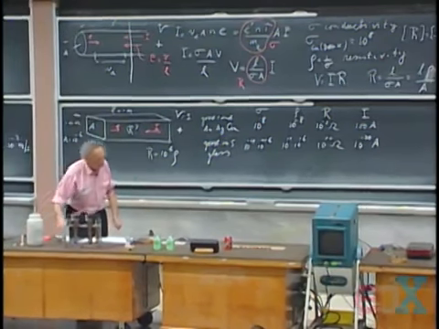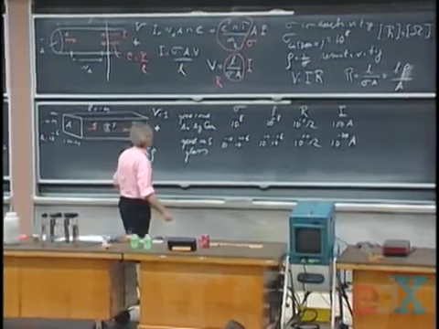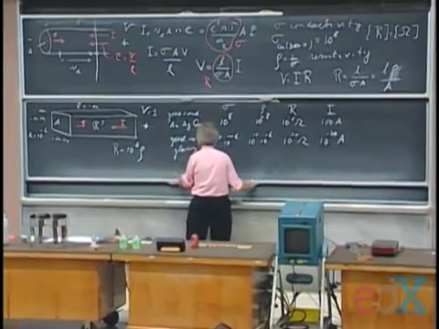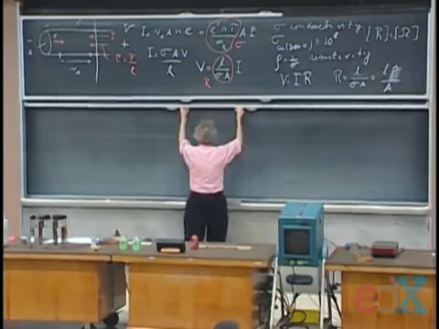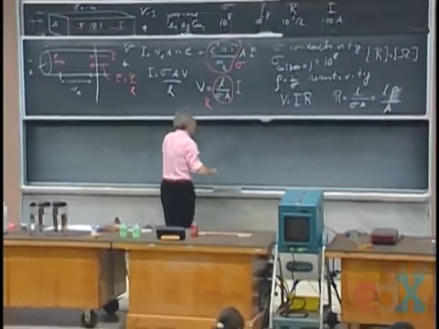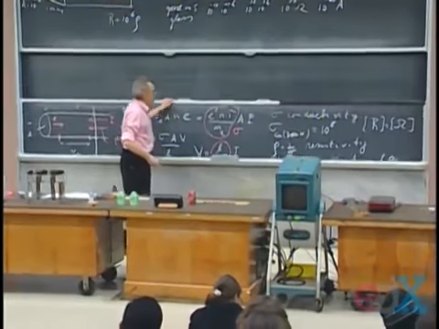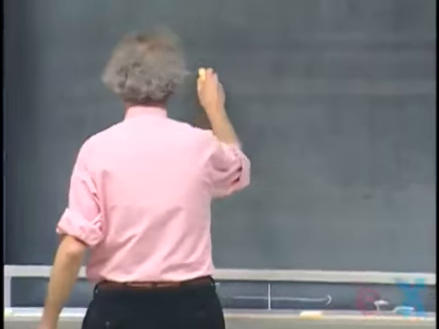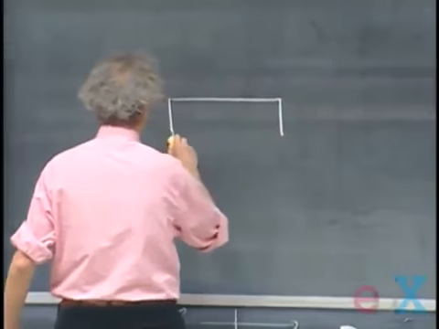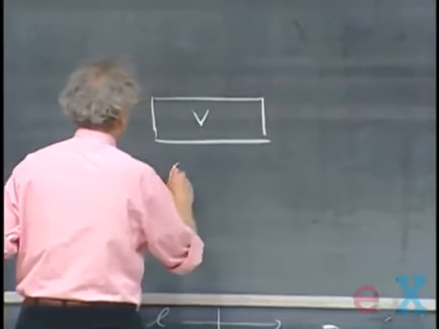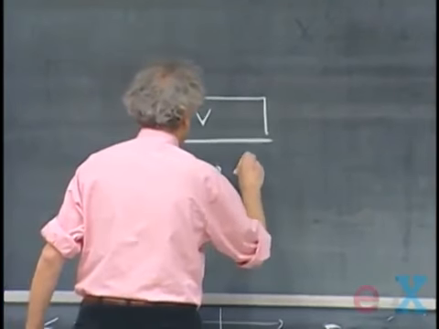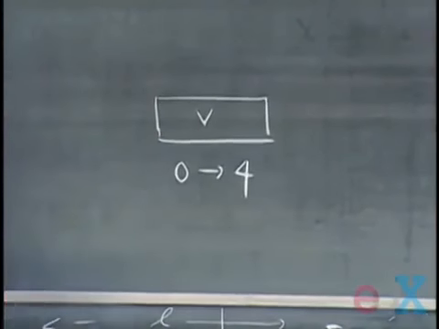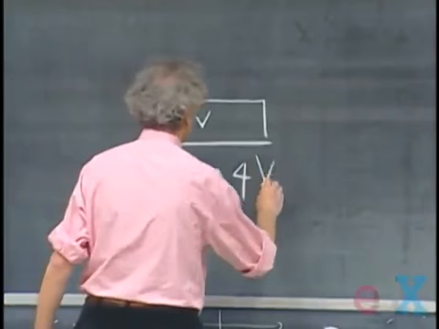I first want to demonstrate to you that Ohm's law sometimes holds. I do a demonstration whereby I have a voltage supply, put a V in here, and we change the voltage in a matter of a few seconds from 0 to 4 volts.